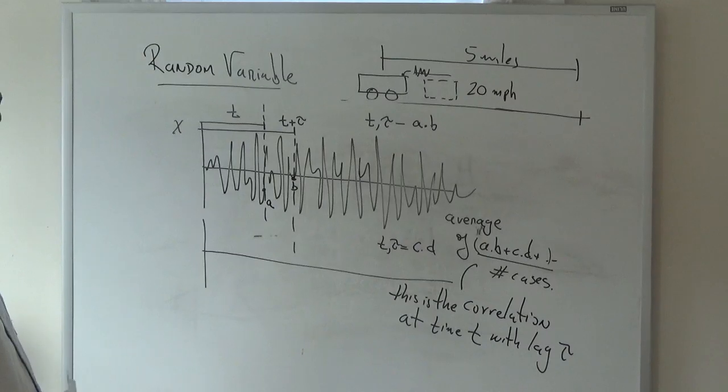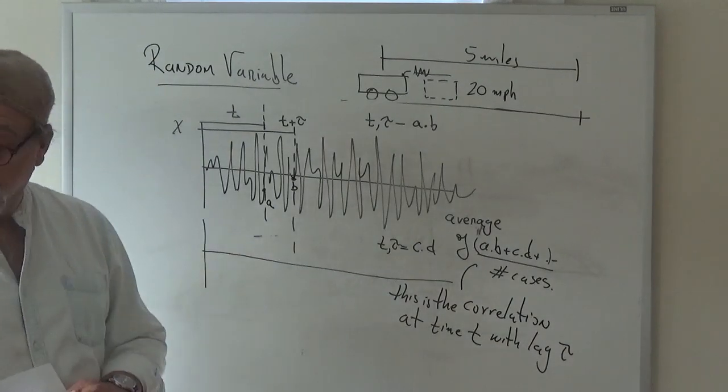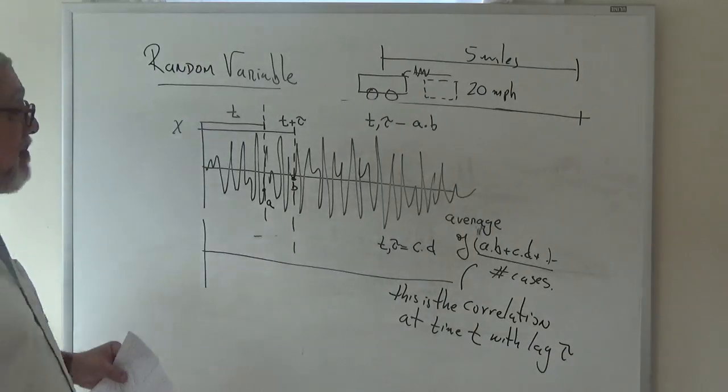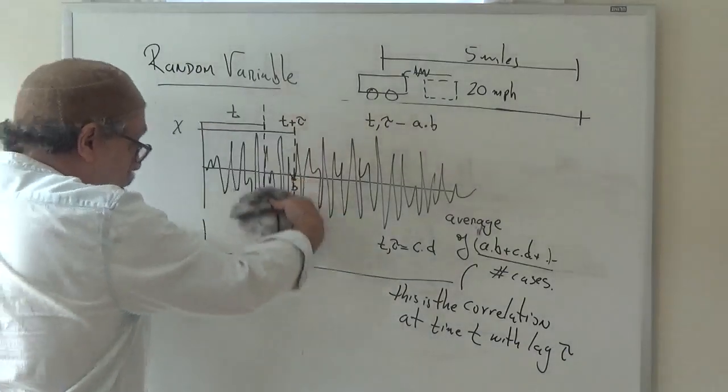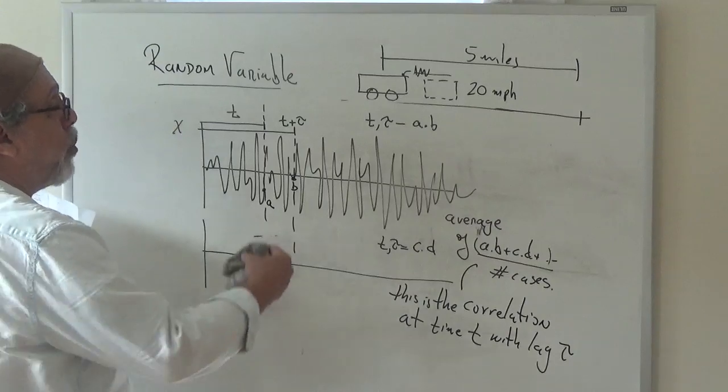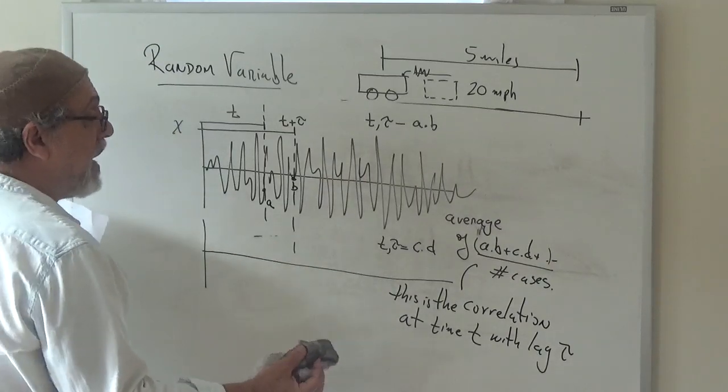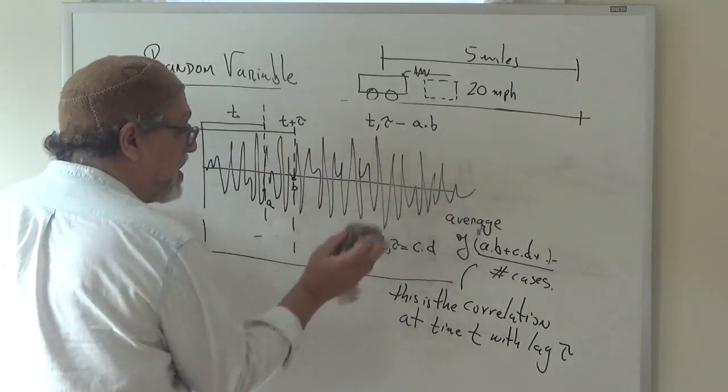Okay. Now, if the process is ergodic, we do not have to have all the realizations down the ensemble in order to find the correlation. We can do the correlation along the signal.